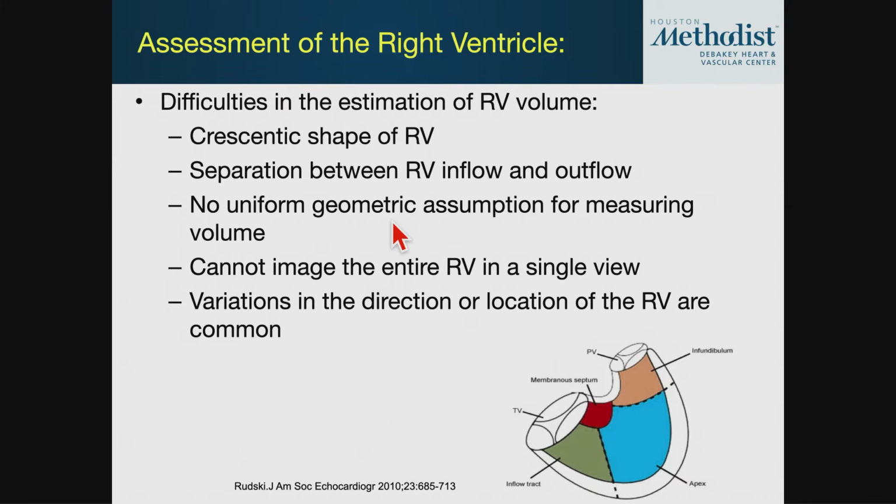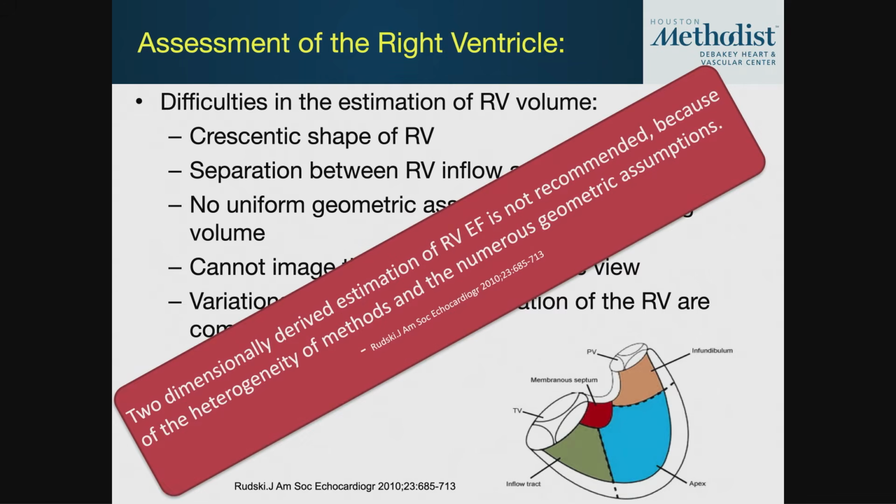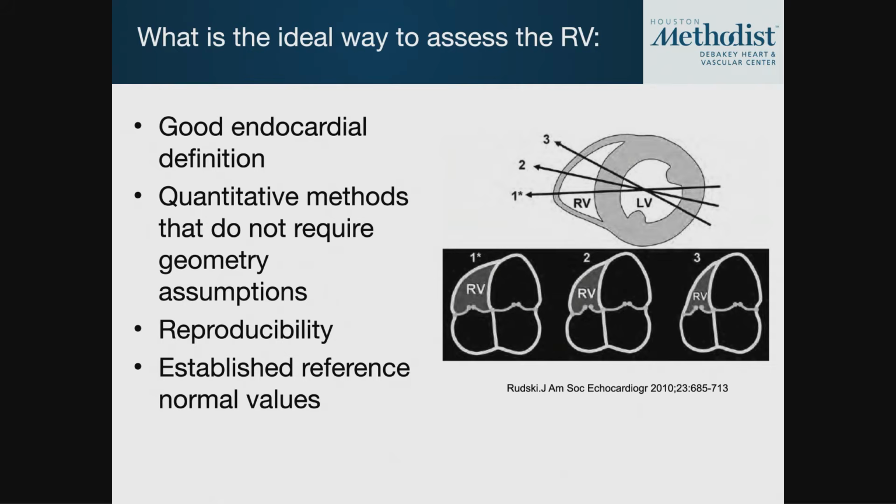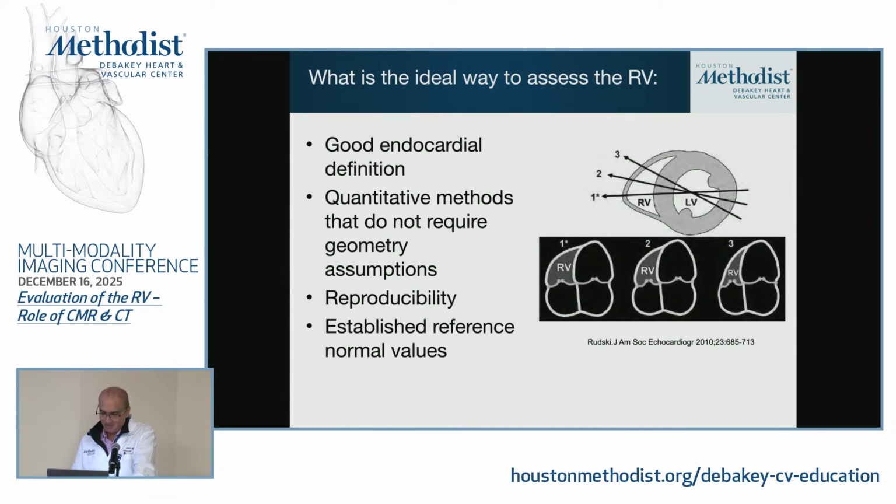So, in general, two-dimensional derived estimates of RV ejection fraction are not recommended. This applies both to echo and to MRI because of the unique shape of the right ventricle.